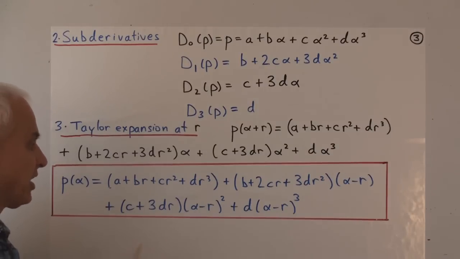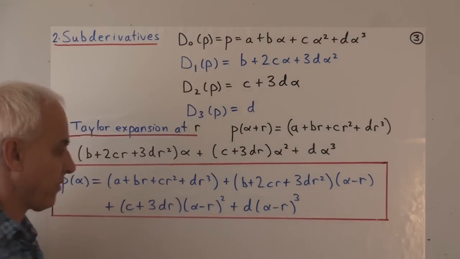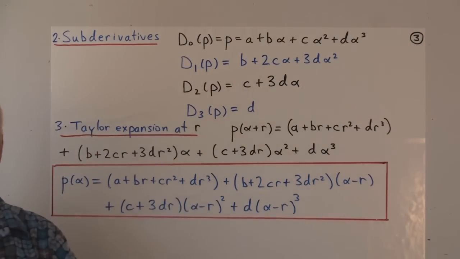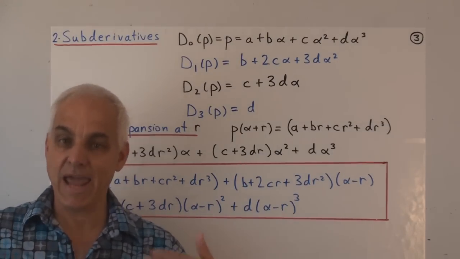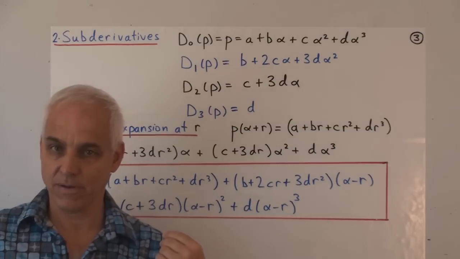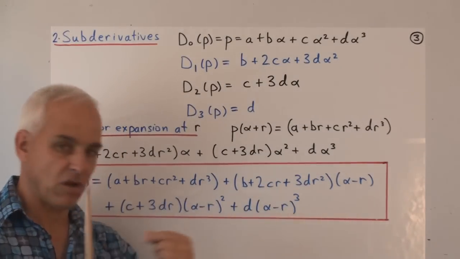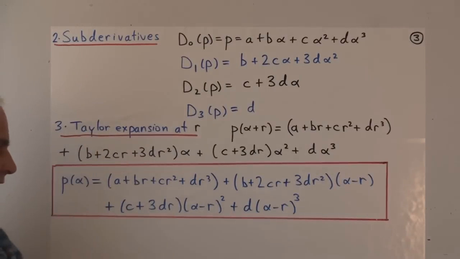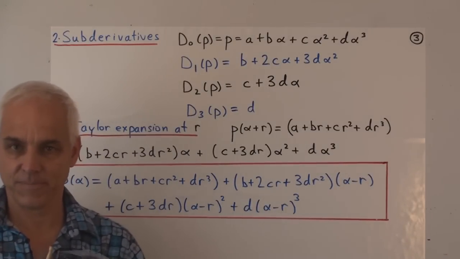The second tangent is the sum of all the terms up to degree 2. The third tangent, the sum of all the terms up to degree 3, which in this case is all of it. That's the general pattern of how we write down the tangents to the polynomial at r. We just take initial parts of the Taylor expansion. In other words, we truncate the Taylor expansion suitably.